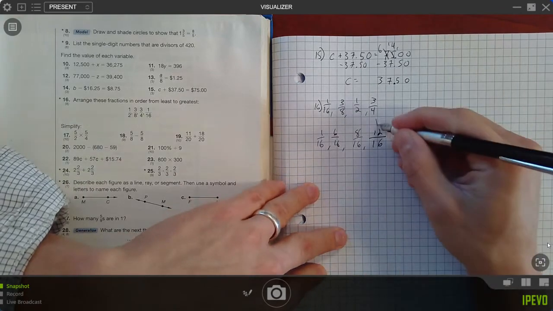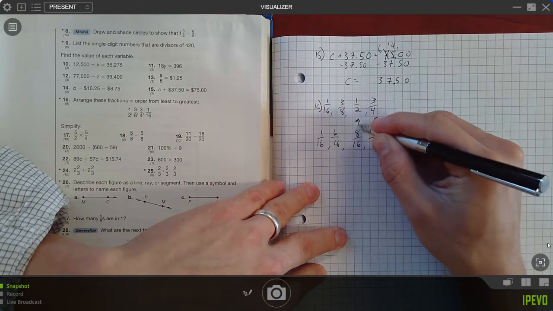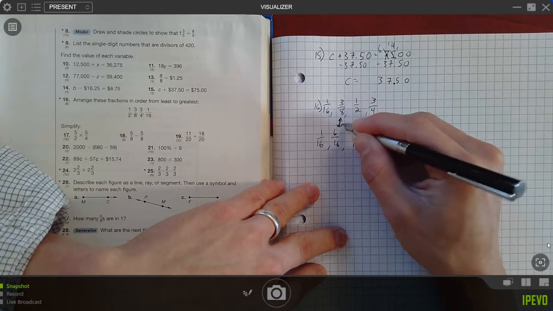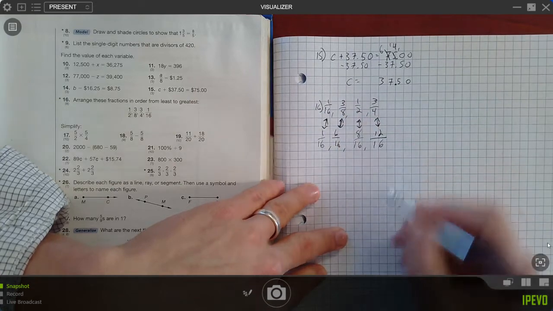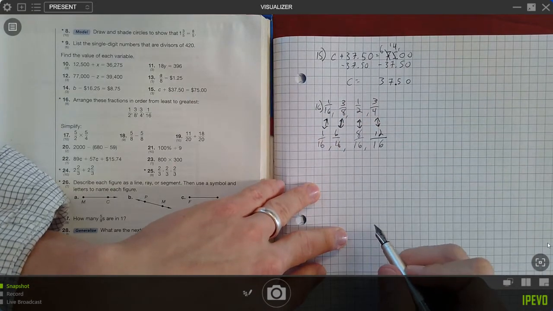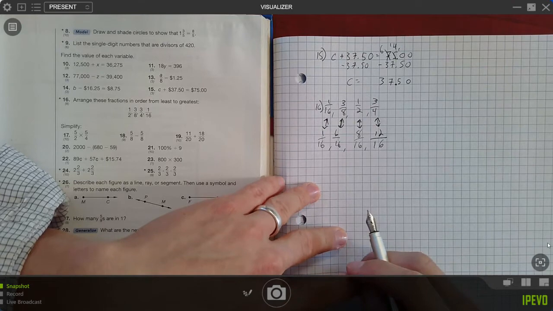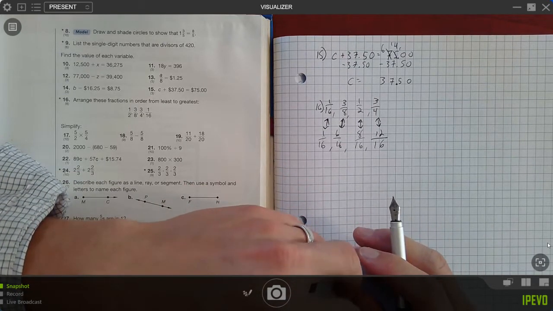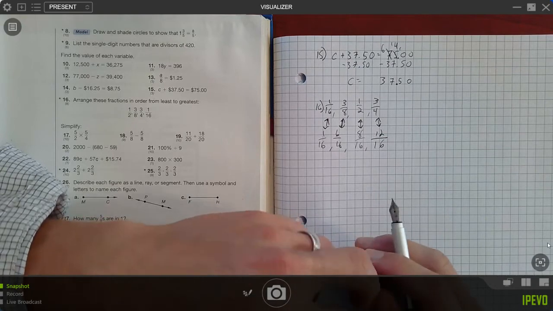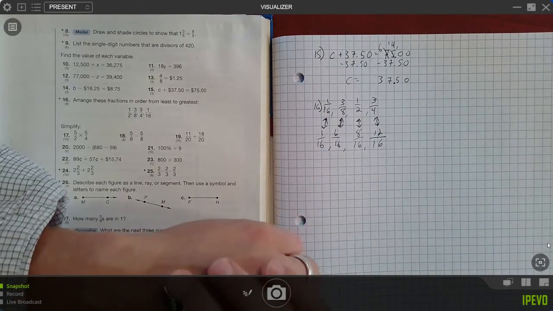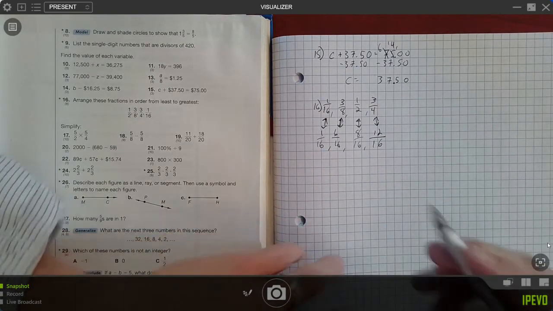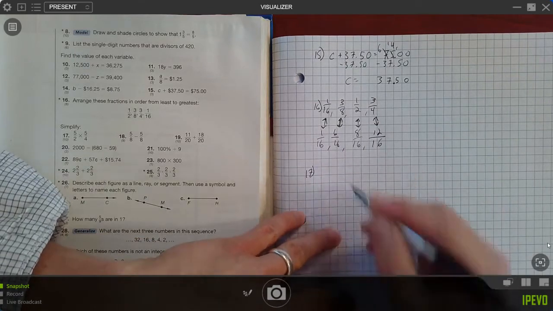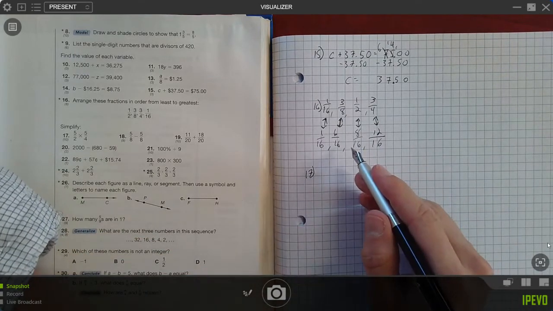So all of these are identical. They now have the same denominator. So now I can just do 1 is less than 6, 6 is less than 8, 8 is less than 12. Okay, 12 is the greatest, 1 is the lowest. So that's another way I could have done it, but we're not quite there yet, but that's where we're heading.